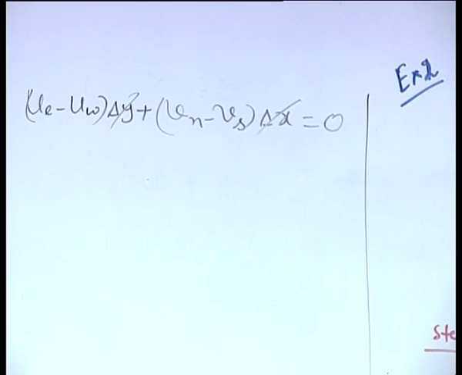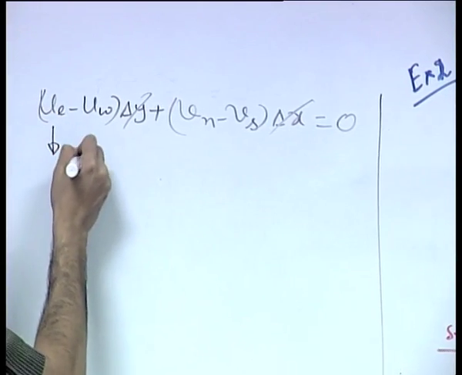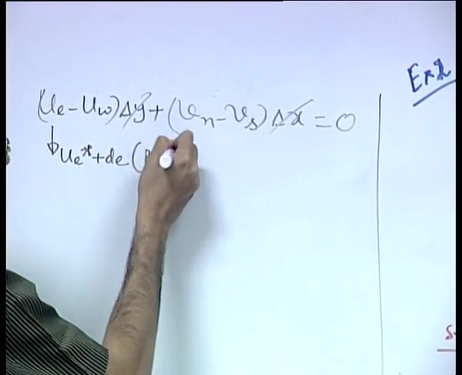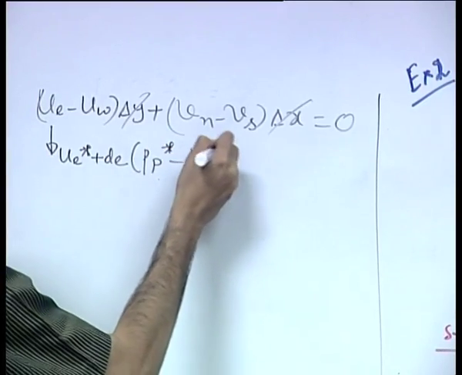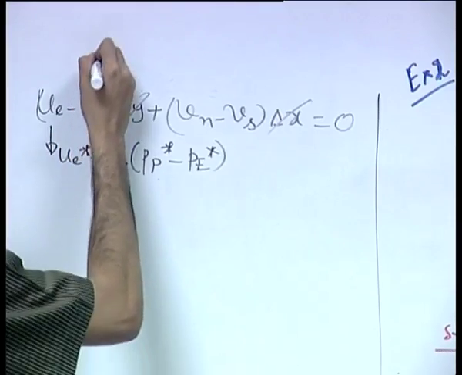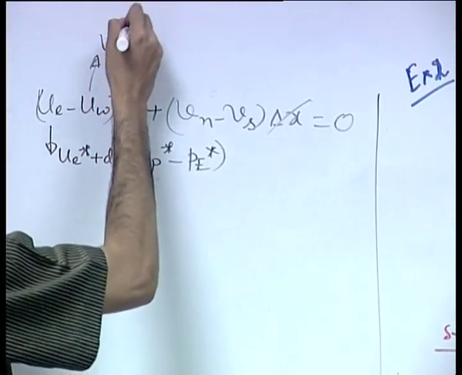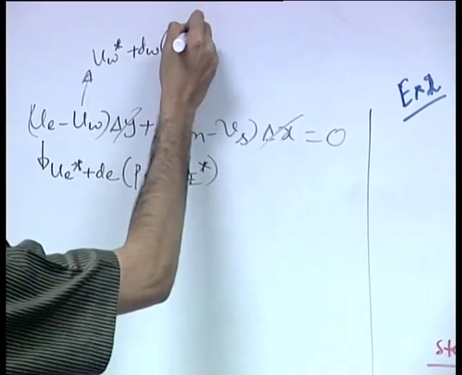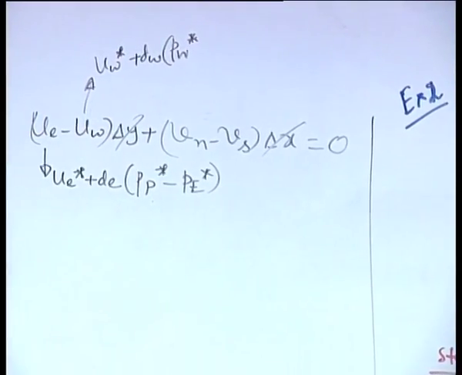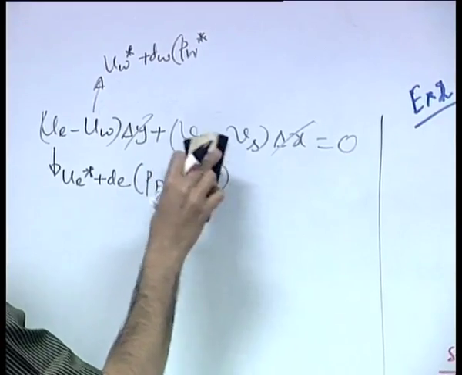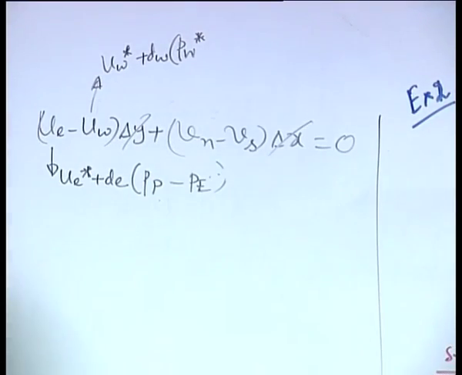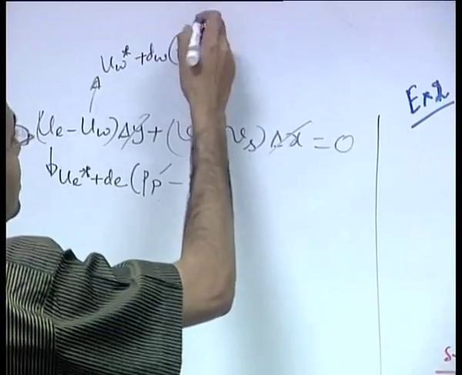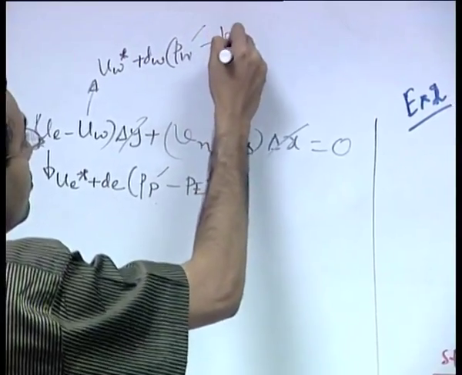In place of UE you can write UE star plus dE into Pp dash minus Pe dash, these are dash corrections. In place of UW, UW star plus dW into Pw dash minus Pp dash.